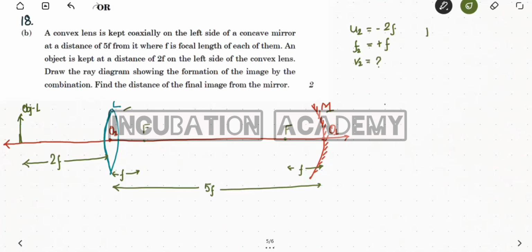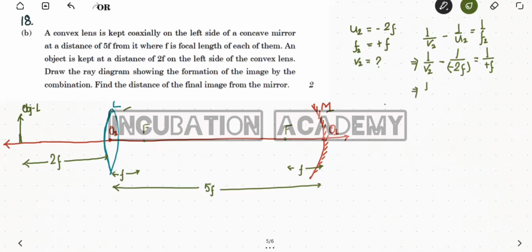The equation for the lens is 1/v2 minus 1/u2 equals 1/f2. We have not applied any sign convention here, so v2 will come out with its own sign. So u2 is minus 2f, and f2 is plus f.